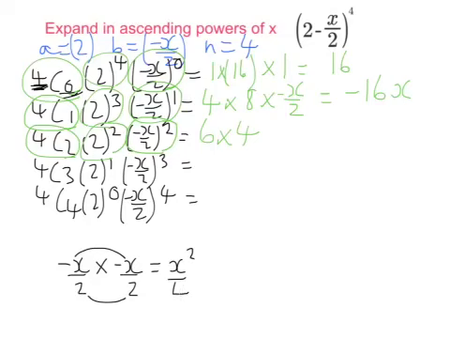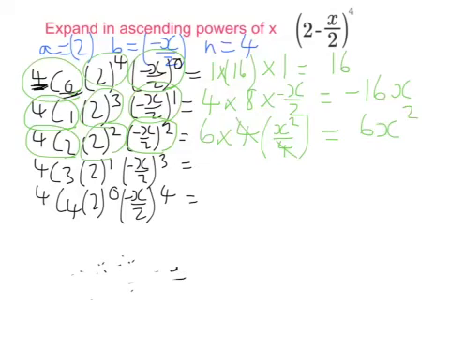And if we times that out, we'll end up with 4. So I reckon we're getting x squared over 4. Now, those will cancel, and I reckon we're left with 6x squared. I'm just going to rub him out so I've got a bit of room.